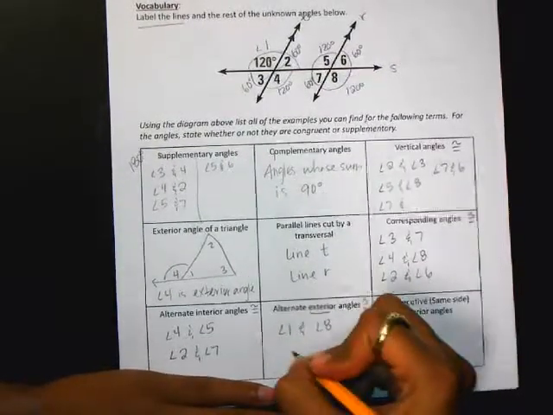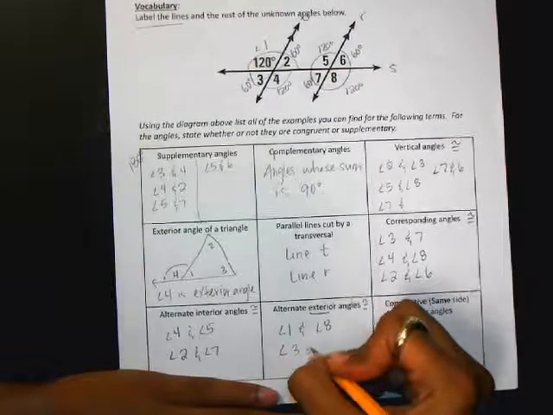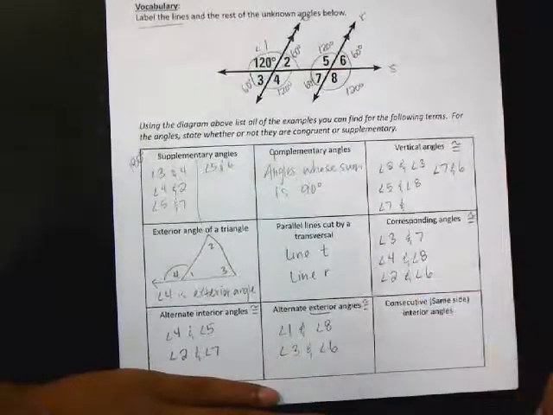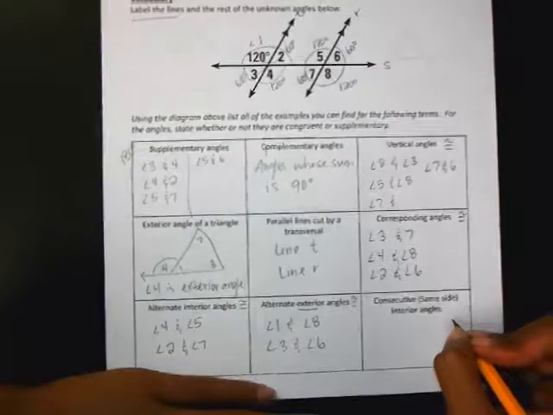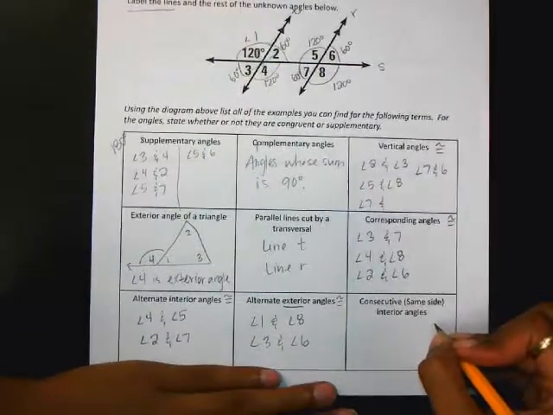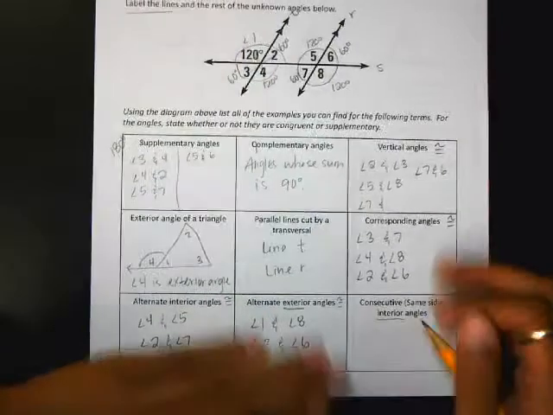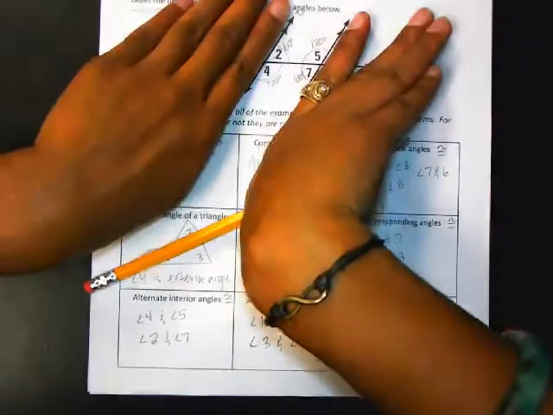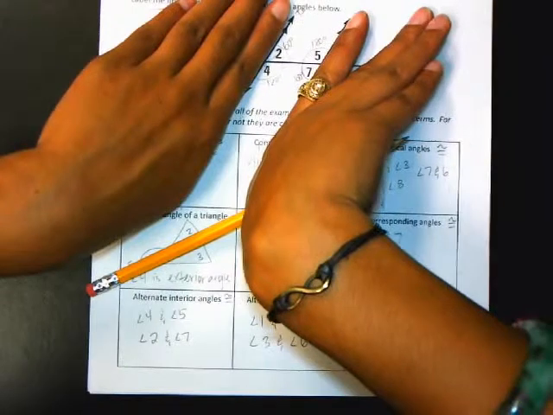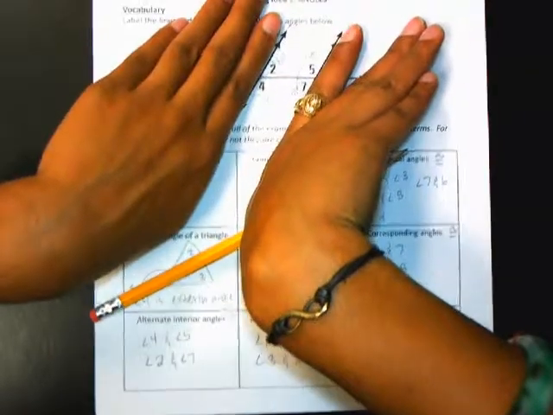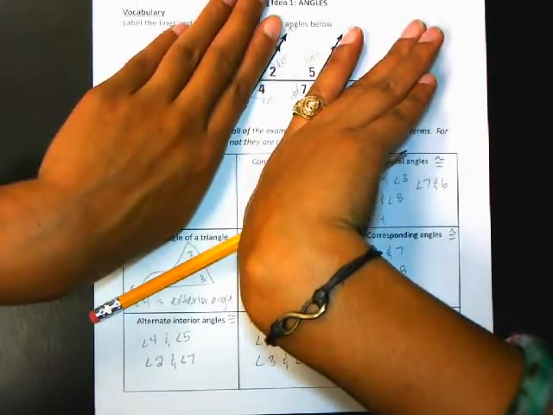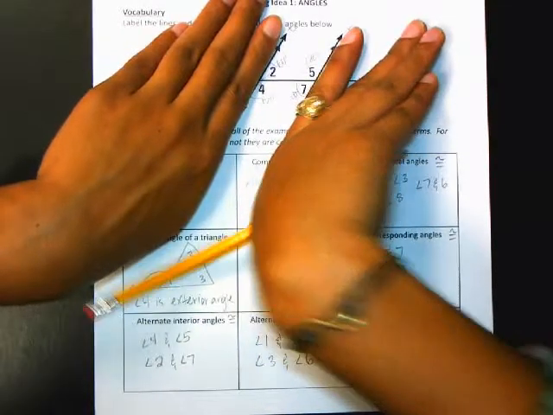Alright, last but not least, we have consecutive same-side interior angles. Those also have to be interior, so inside of our two parallel lines, and they have to be on the same side. So looking at this picture, I would list 4 and 7, as well as 2 and 5. So angle 4 and angle 7, and 2 and 5.